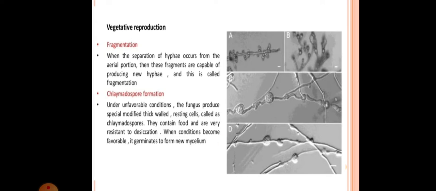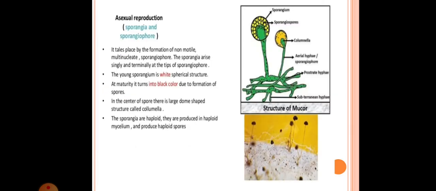So these resting cells are known as chlamydospores, and when they get the favorable condition, they germinate to produce new mucor hyphae and produce a complete mucor.